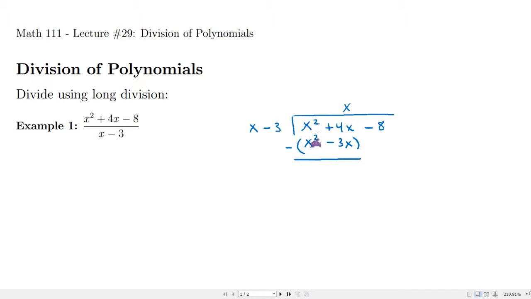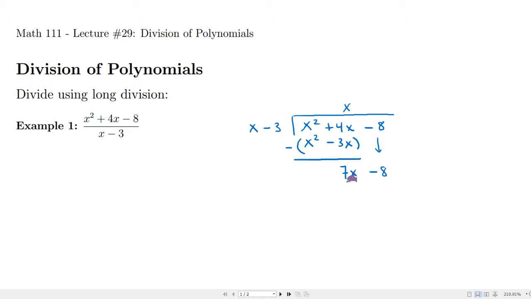So x squared minus x squared, those are going to cancel. That'll give us 0x squared, but then 4x minus 3x, so that'll be a plus 3x, so this will give us a 7x. And just like long division, you can bring the next successive term down, and then we start all over.